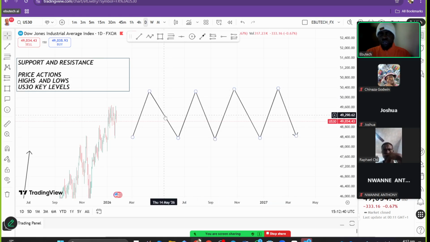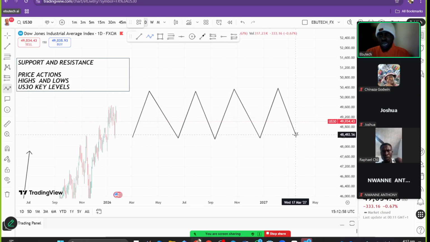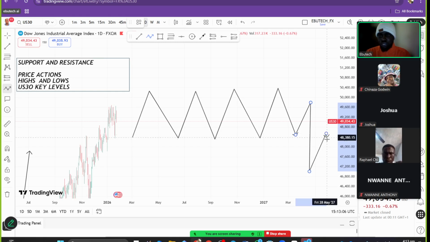So this is what is called consolidation. The market is going up, going down in the same direction. Now, when the market pulls out from this consolidation and does something like this, and gives you a retracement, you now know that this market is about to sell.